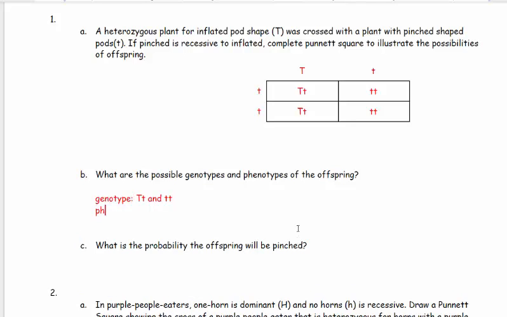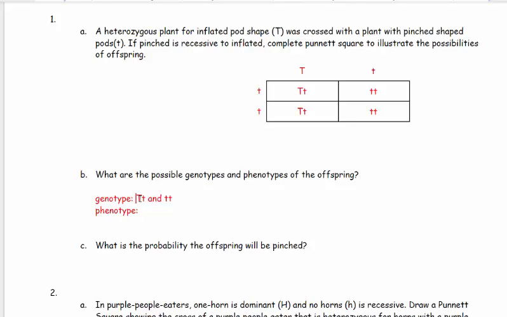Let's continue. Phenotype. Phenotype is what we'd actually see. Now, you can't see microscopic little genes, but what we can see is the pod of the plant. So we can talk about whether the pod is inflated or whether it's pinched. Now remember, inflated is the dominant trait and pinched is the recessive trait.